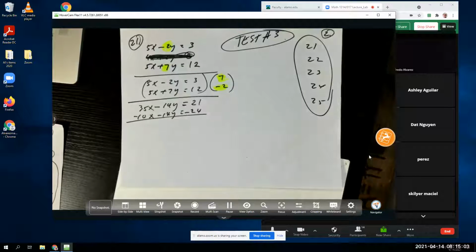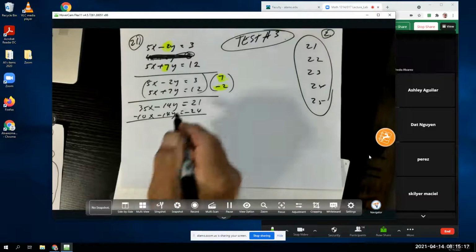So now we're going to add these numbers together, and let's see what we're going to get.